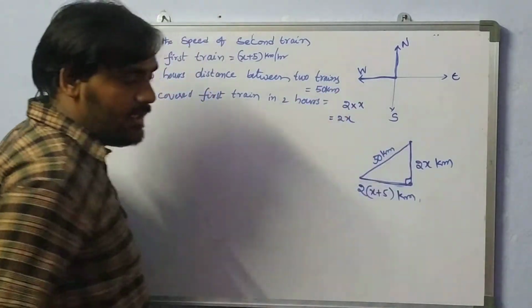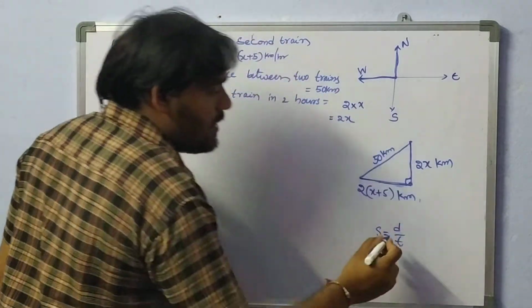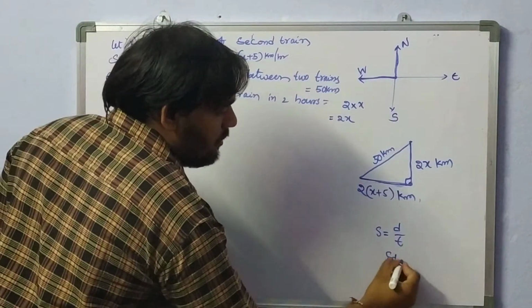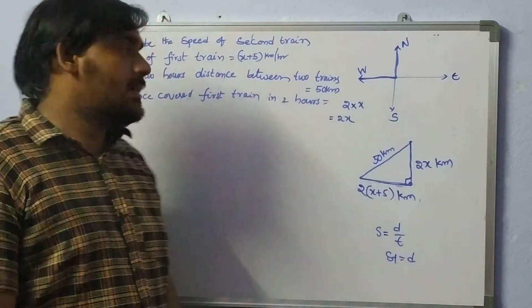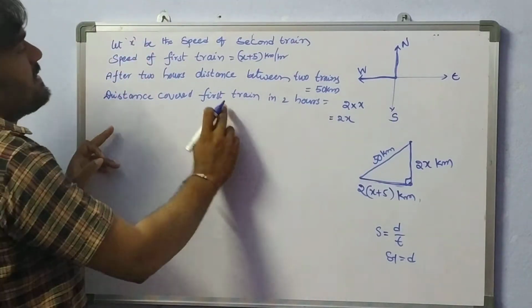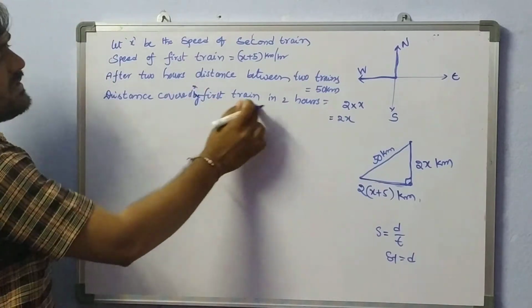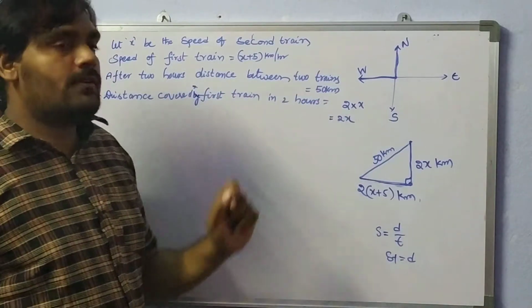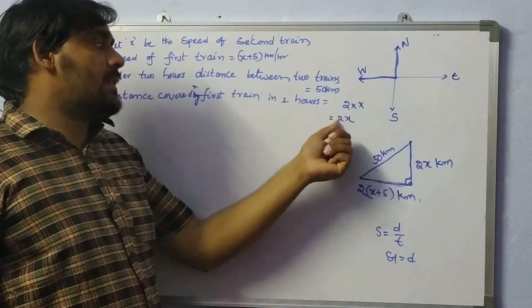How could I write here? Speed is equal to distance by time, so speed into time is equal to distance. See here, the distance covered by the train is time into speed, 2 into x, 2x.